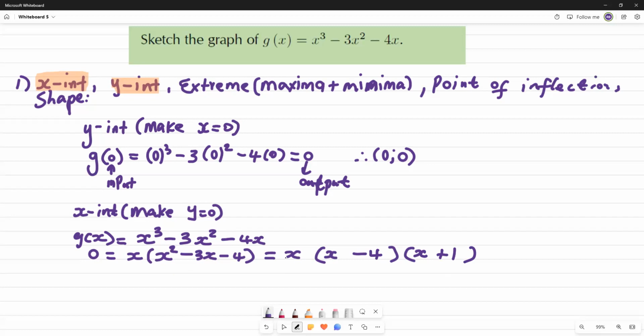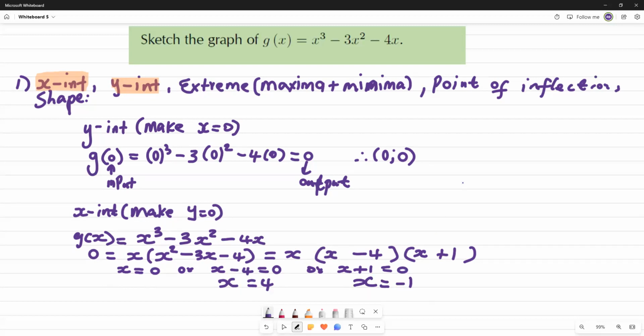Now I can split the brackets. I can say x equals 0, or x minus 4 equals 0, or x plus 1 equals 0. So x equals 4, and x equals negative 1.